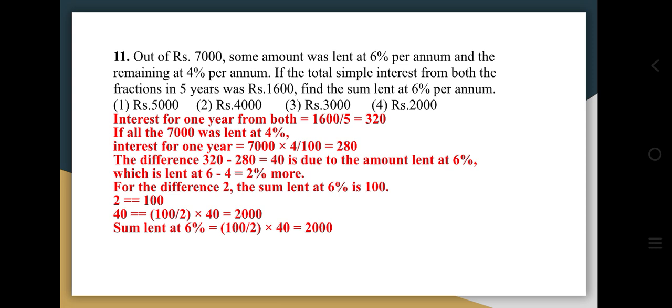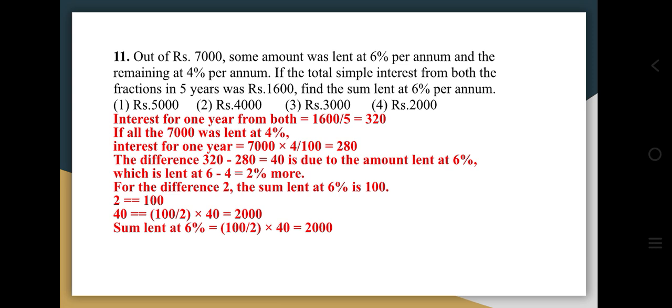For example, out of rupees 7,000, some amount was lent at 6% per annum and the remaining at 4% per annum. If the total simple interest from both the fractions in 5 years was rupees 1,600, find the sum lent at 6% per annum.